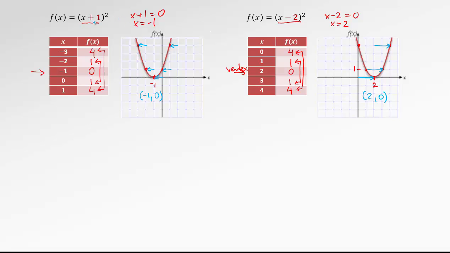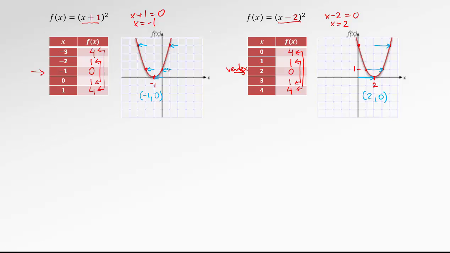Now here, we add or subtract something inside the function just by the x. And this modification results in changing the first coordinate of the vertex into exactly opposite number. The second coordinate is still 0.